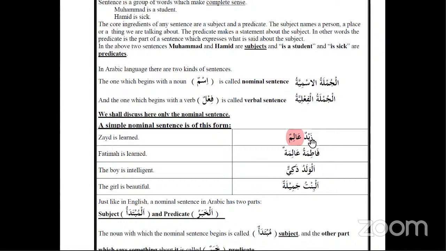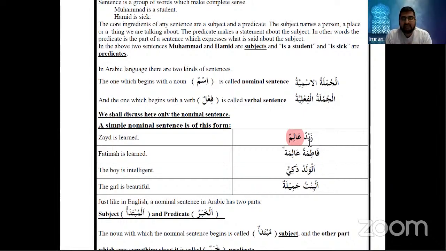The word Fatima or the word Zaydun is getting a dhamma tanween because there is a ruling in the Arabic language. Any noun which comes in the beginning of the sentence will be given a dhamma tanween because it is the subject of the sentence, meaning the noun which starts the sentence. That's the reason Zaydun gets a dhamma tanween.